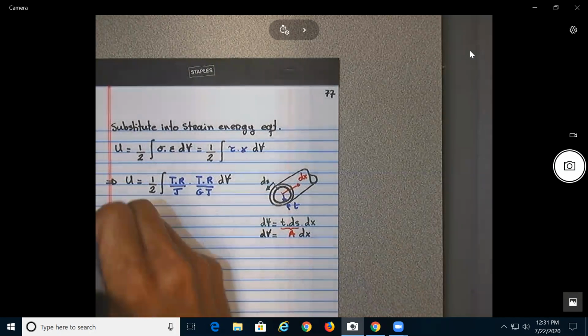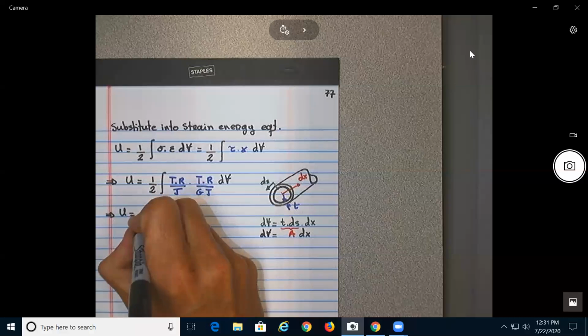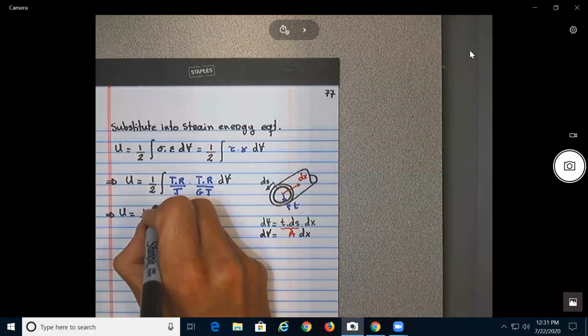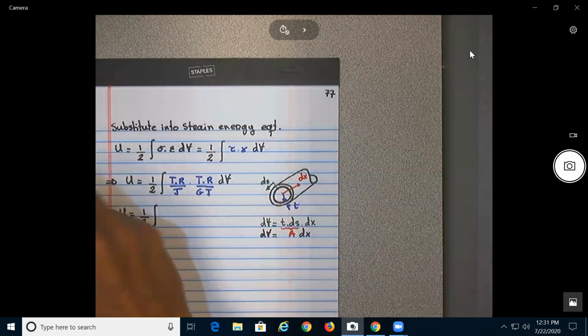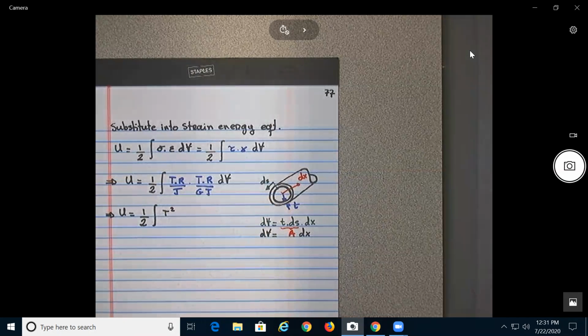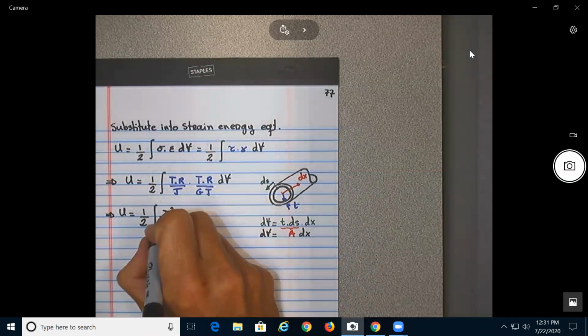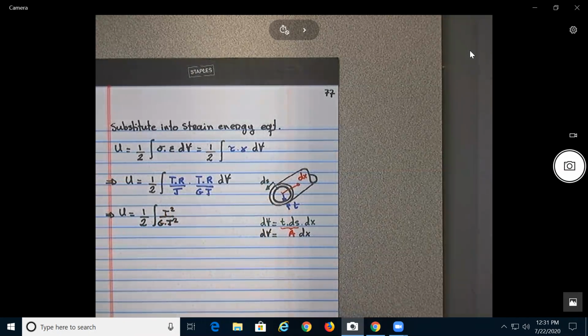Okay, so now if I use that information to rewrite, the strain energy is equal to 1/2 integral of, let me see, I can rewrite this, T squared over G J squared.